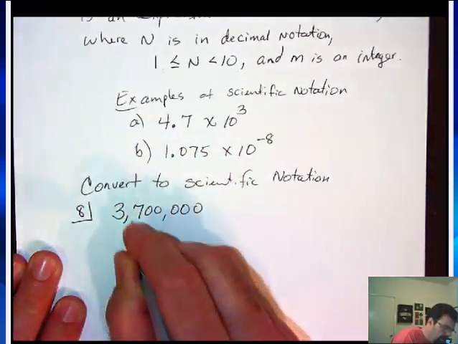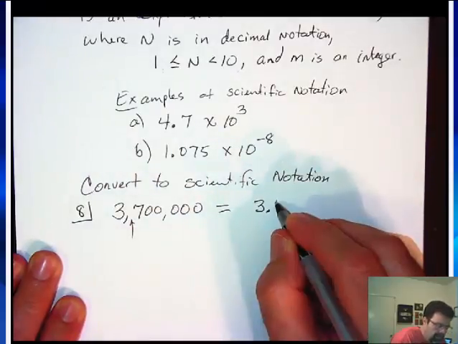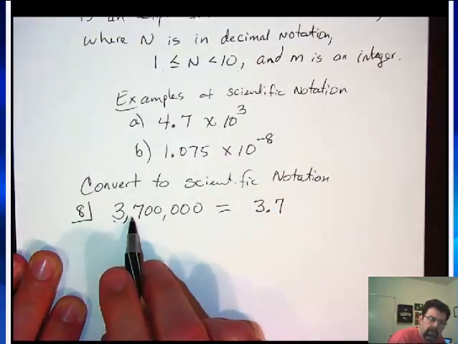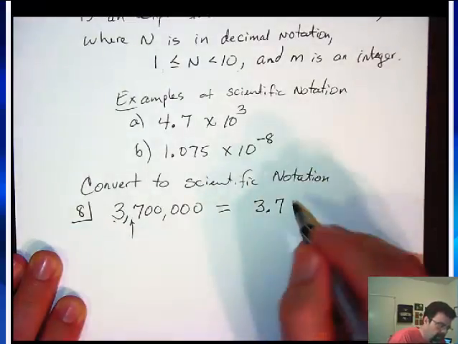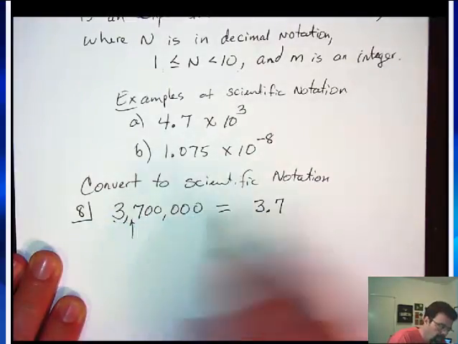So the idea is I'm going to put the decimal place to the right of the first number that's not a 0. So this is not a 0, so it's going to go here. 3.7, I can drop all the unnecessary zeros.